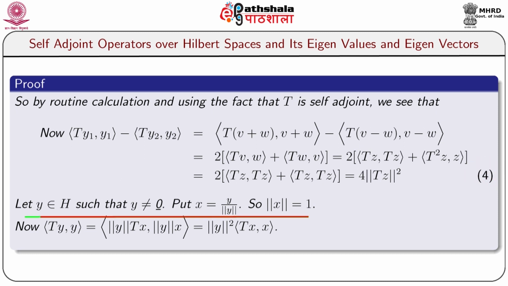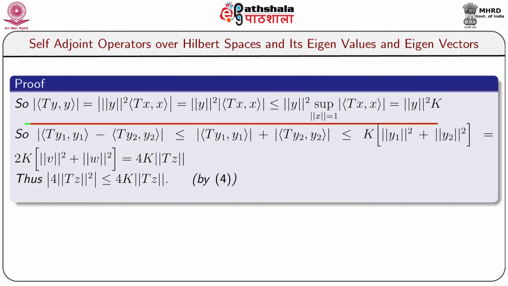Let y belong to H be such that y is not equal to the zero vector. Put x equal to y by norm y. So, norm x equals 1. Now, ⟨Ty, y⟩ equals ⟨norm y times Tx, norm y times x⟩, which is equal to norm y square times ⟨Tx, x⟩.